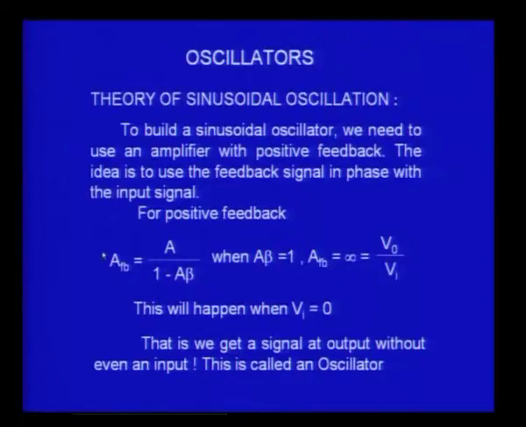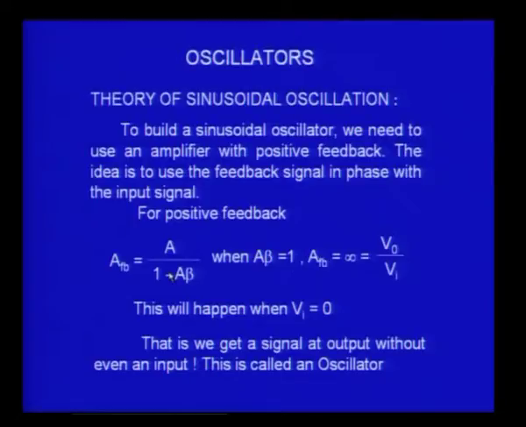You may remember that expression, A_FB, which is the gain with feedback, is equal to A, the gain without feedback, divided by 1 plus A beta, where beta is the feedback ratio, the fraction of the output which was given at the input. This minus sign is what you get for positive feedback. For negative feedback, the sign in the denominator will be plus.